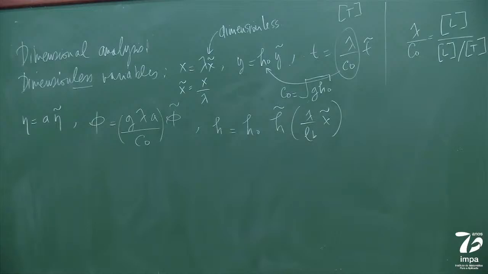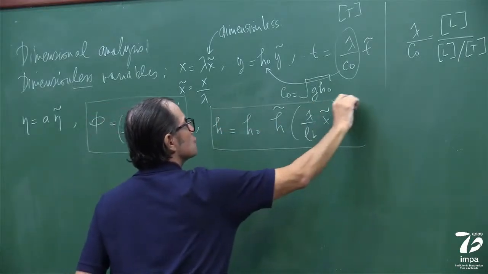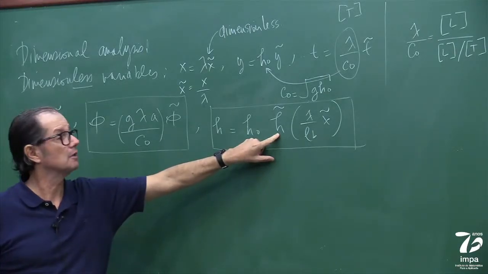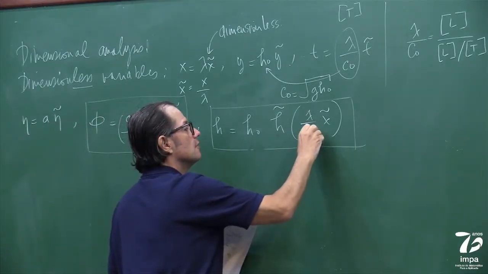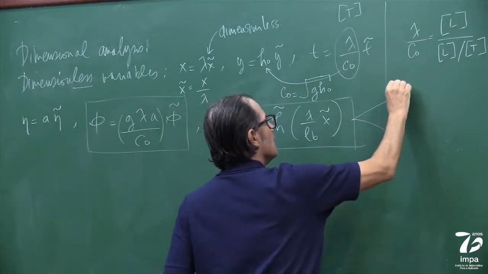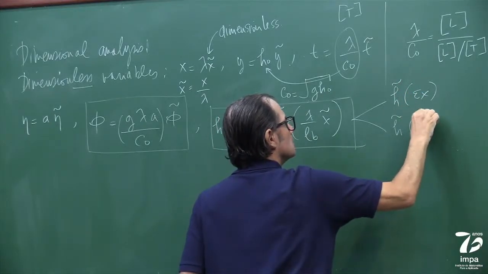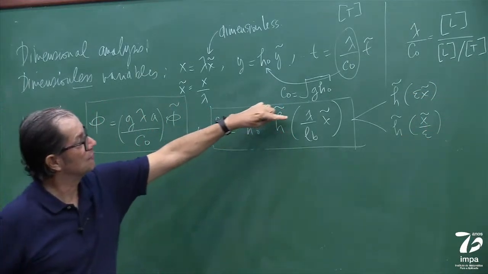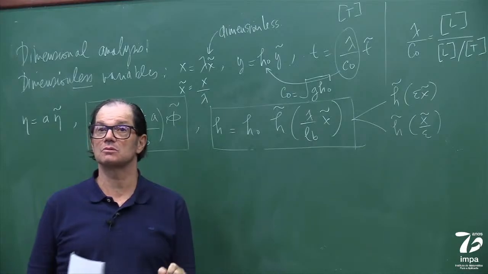Let me comment on these two, starting with the easier one. I'm going to have a dimensionless topography varying on some reference scale that tells me if the topography is fast with respect to the wavelength. Remember, if this guy here is an epsilon, or 1 over epsilon, I have two very distinct regimes.